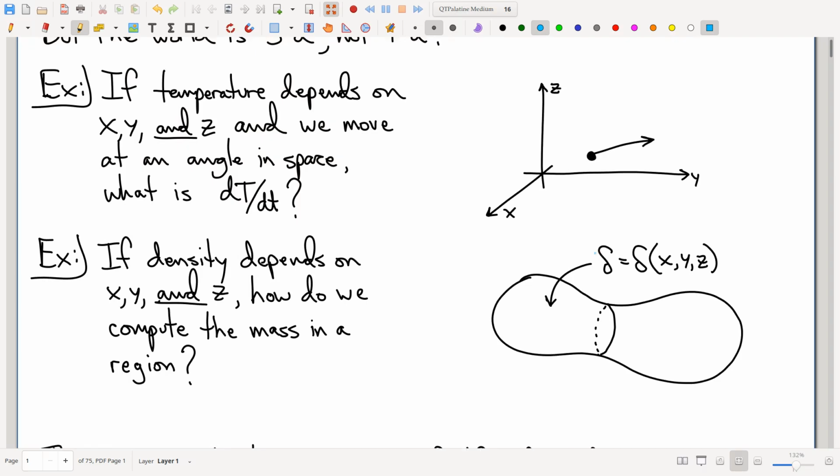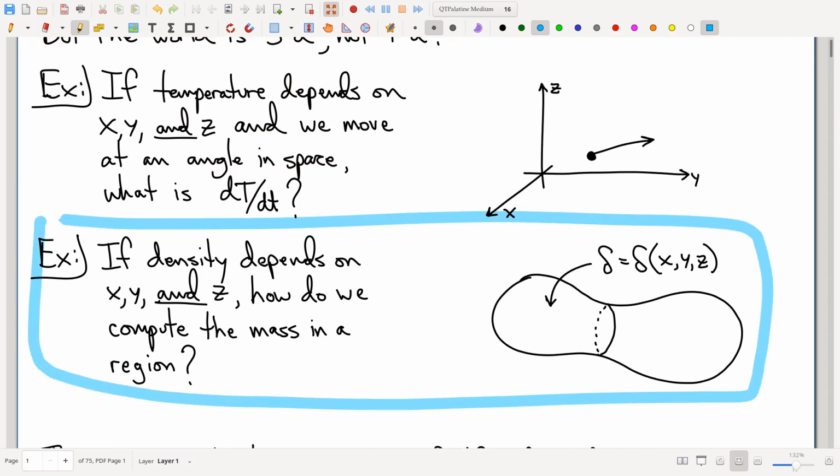Okay, next, let's look at this example right here. Y'all have seen examples, I assume, where you want to compute the amount of mass of a certain lump of whatever, and they give you density, right? Mass per unit volume, right? But they tell you density is a function of what variable? Now, sometimes this happens.